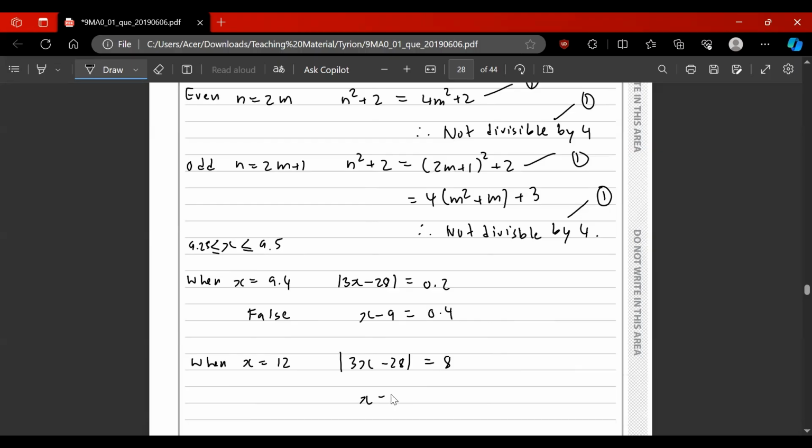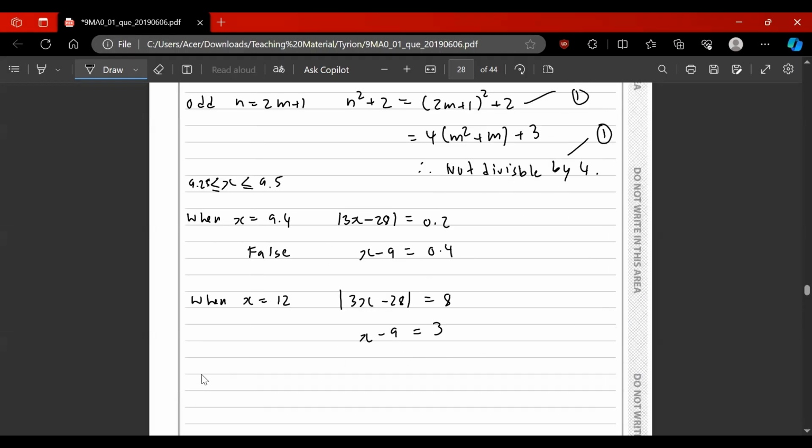And for x minus 9 here, this gives us 3. So you can see in this case, yes, this 3x minus 28 is in fact larger than x minus 9. Therefore, what we can conclude is that the statement is sometimes true. That's the answer for this question.